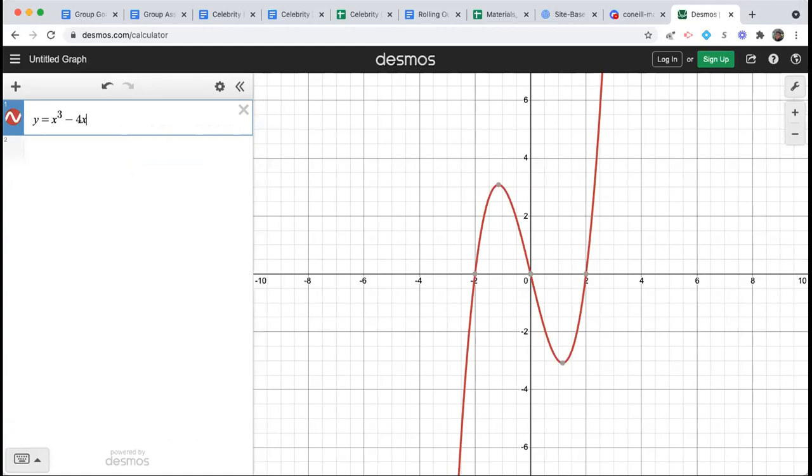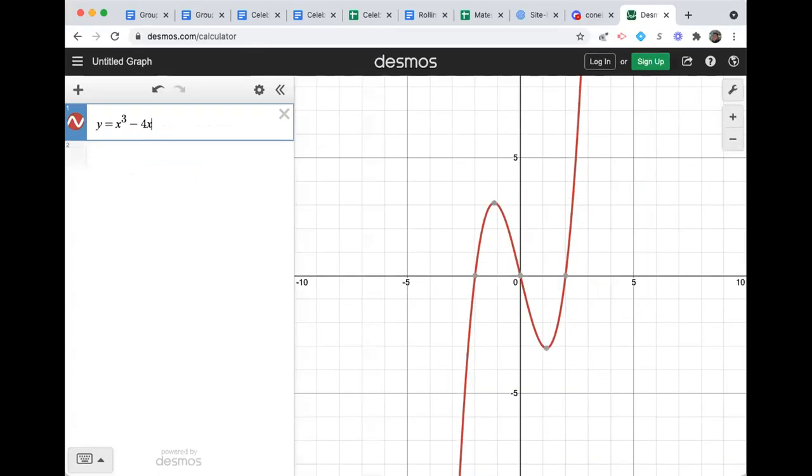Okay, cool. All right, so we have Desmos here. I have used our friend Desmos to graph this function, and I noticed that it is a cubic function. In particular, we might notice that we have a local maximum right here and a local minimum down here, all right?